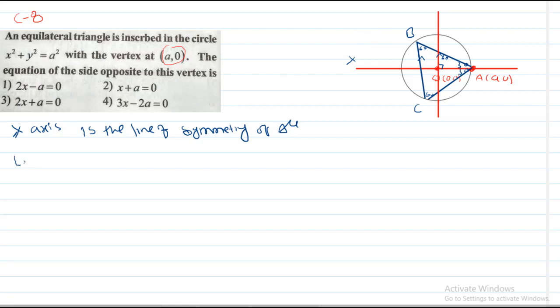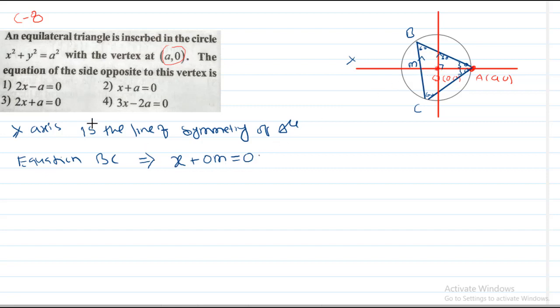So let us do one thing. Let the point where BC intersects the x-axis be taken as M. Now the equation of BC is x plus OM equal to 0, because BC is parallel to the y-axis, OM units from the y-axis and on the left hand side of the y-axis.